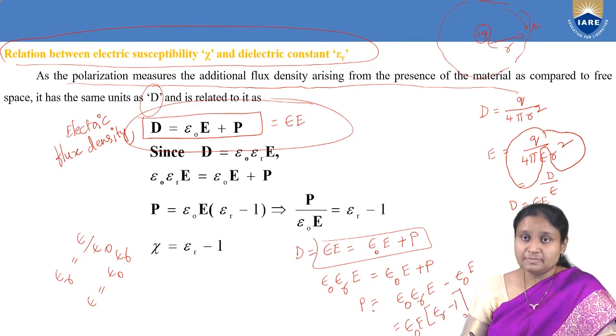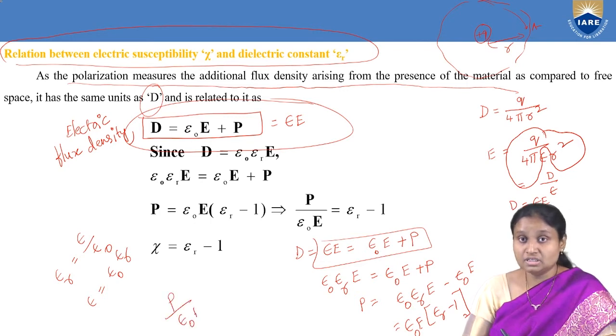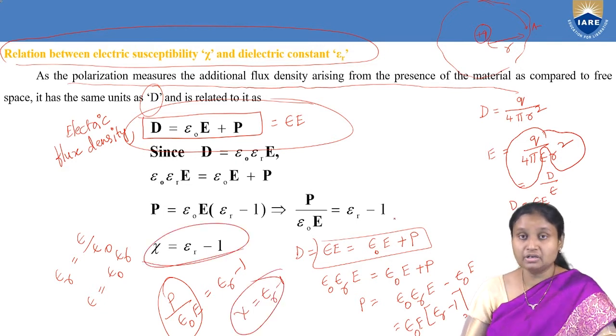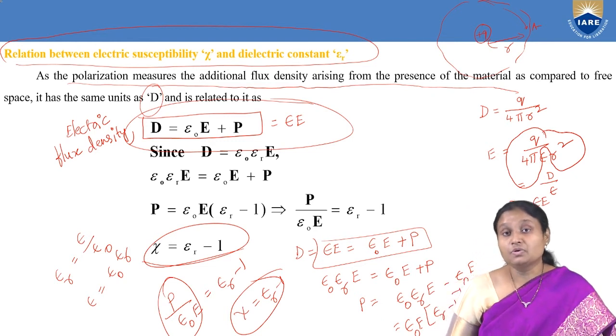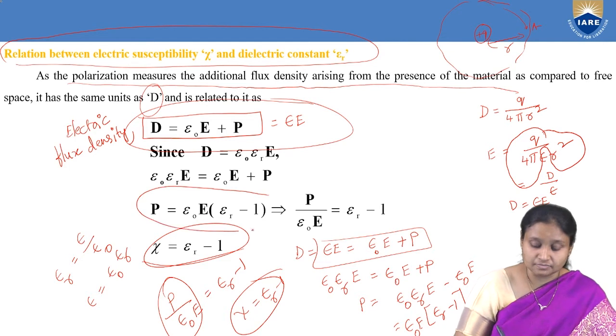Now if I take epsilon naught E to the other side, we have P by epsilon naught E is equal to epsilon R minus 1. But what exactly is this? This is the definition of susceptibility. So chi is equal to epsilon R minus 1. This is a very important relation. In deriving the expression for the Clausius Mosotti equation, I am going to make use of this relation.